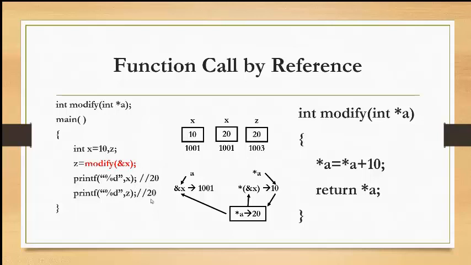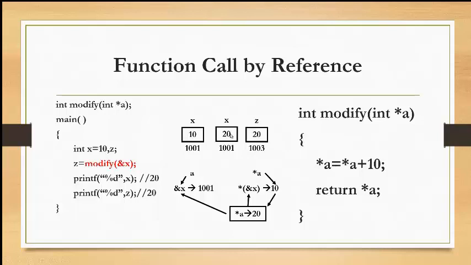One basic thing that you have to see here is that initially, before the function call, the actual argument value was 10, and after the function call, whatever changes we have made through the formal argument in the function definition change the actual argument directly in the function call itself.